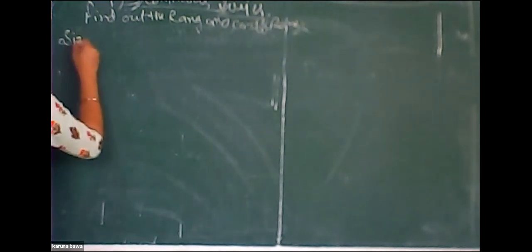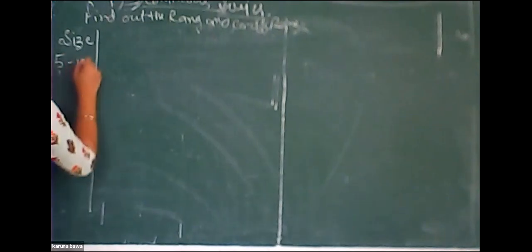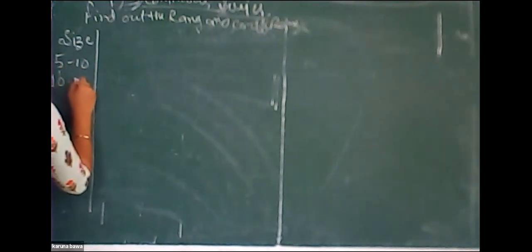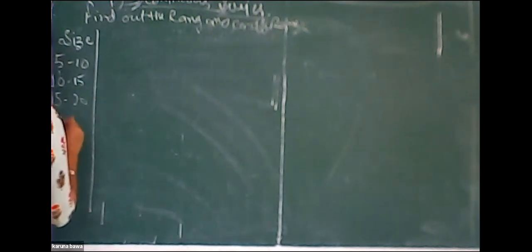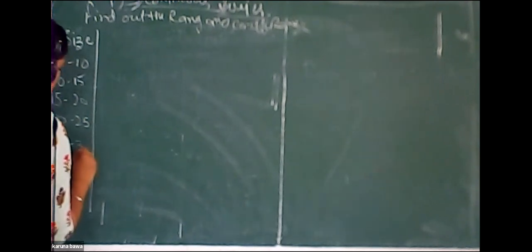This is the third series of the range. So now, size: 5 to 10, 10 to 15, 15 to 20, 20 to 25, and 25 to 30.